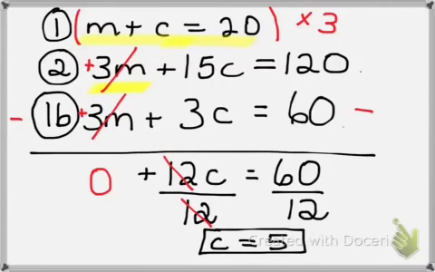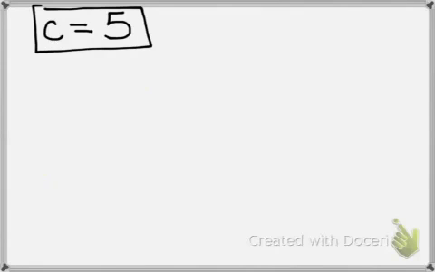And I always box my answer so I know what my variable equals. So we now have c equals 5. That's what we just solved for. And what was our c representative again? Our c represents the amount of liters of 15% cream that we have.